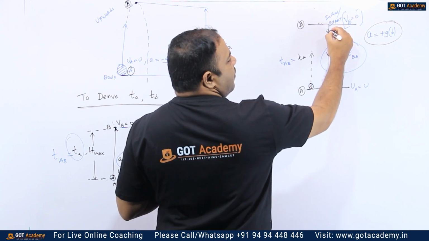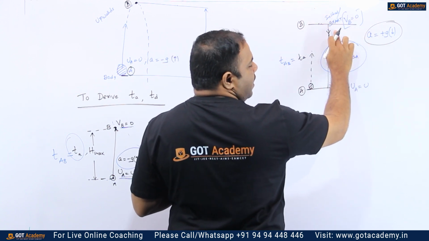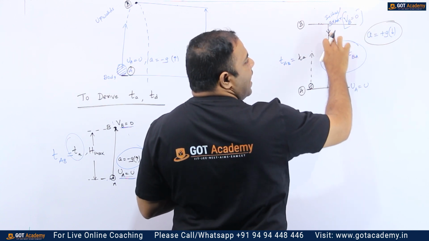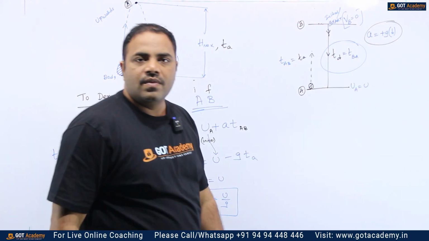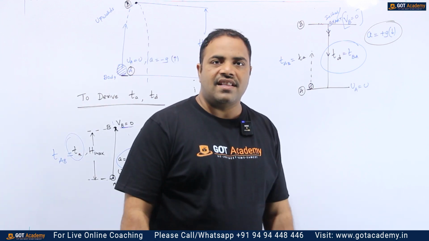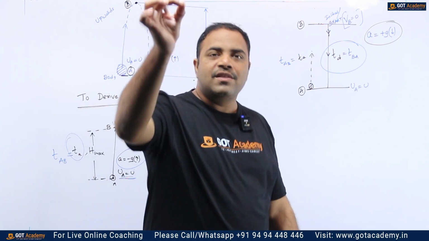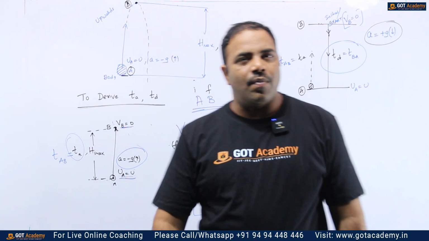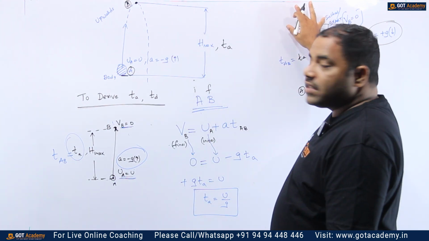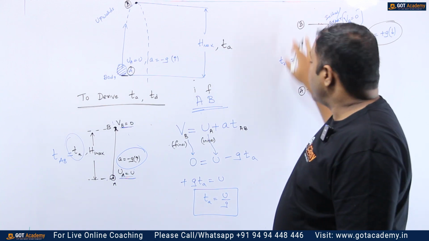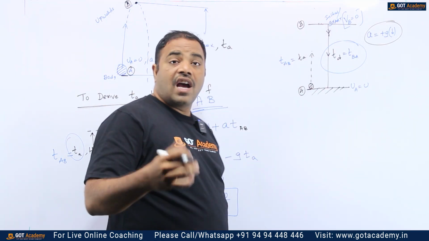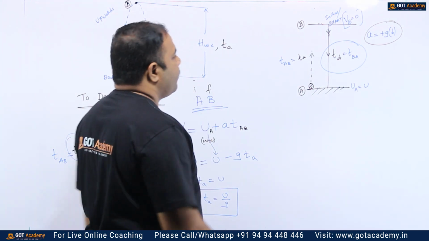When I am considering from here, the initial velocity is here only, that is equal to 0. And since it is coming down, the acceleration is plus g. Time of descent is nothing but the time taken for the body to move from the highest point to the ground. So this is the ground, right? So for the downward journey, I have to take acceleration as plus g.